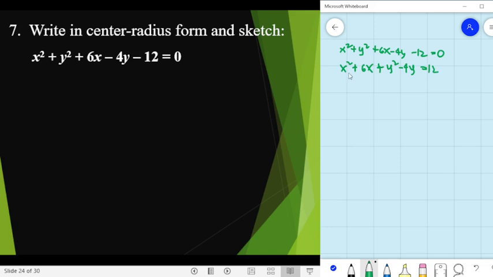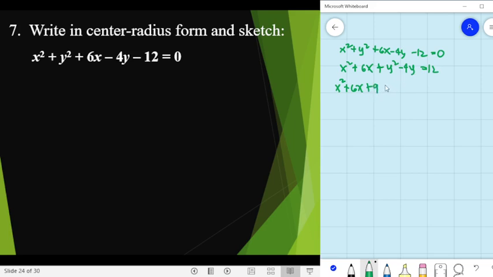So after that, we need to complete the square now. So copy down x squared plus 6x. Then what we're going to do is this numerical coefficient of x will be divided by 2, or multiply by 1/2. So 1/2 times 6 is 3, and the number 3, the answer would be squared. So 3 squared is 9. So add 9 there.